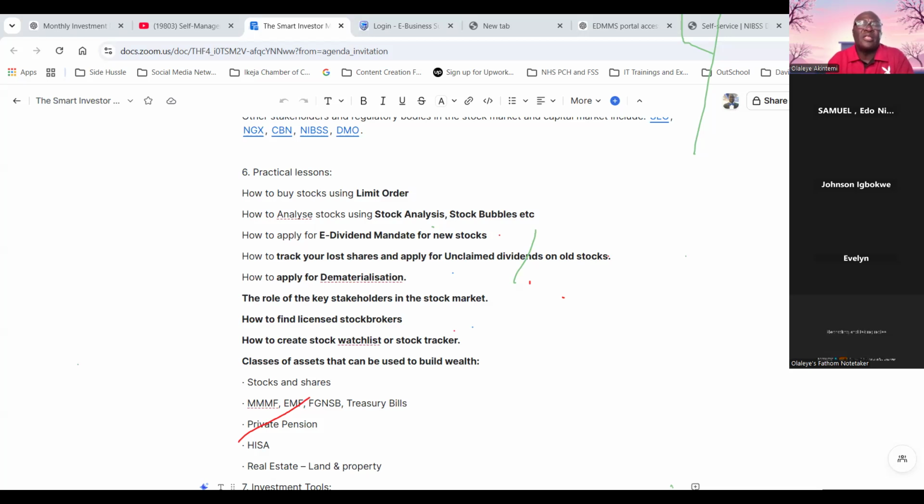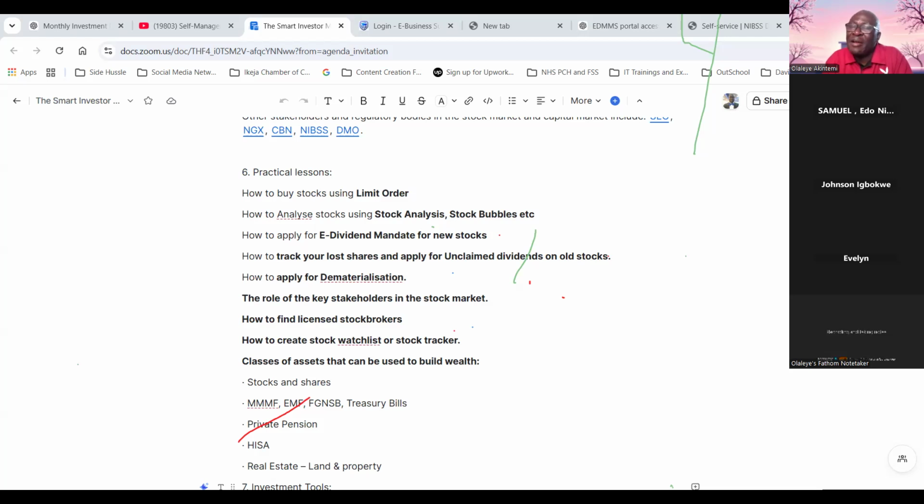Actually, let's do it this way. Because any company that was previously listed on the Nigerian Stock Exchange, even if they now fold up, whatever dividend you were entitled to before they fold up, all those dividends would have been sent to the registrar. The way it works is every year when a company declares dividend, they send that money to their registrar.